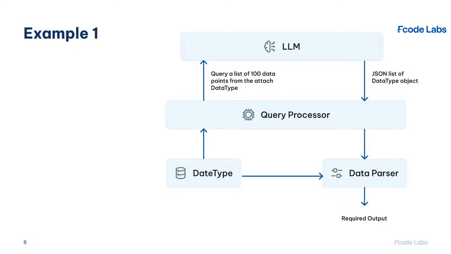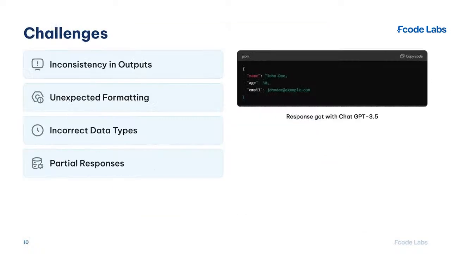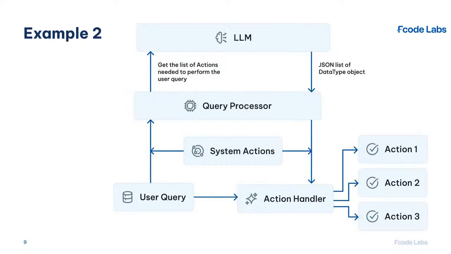The somewhat complex example here: we don't need data, but we need to perform some actions. In this case, we have three actions in the system. When a user queries something, we need to find out what's the next action to execute. So instead of guessing it, we use LLM to find the best action.